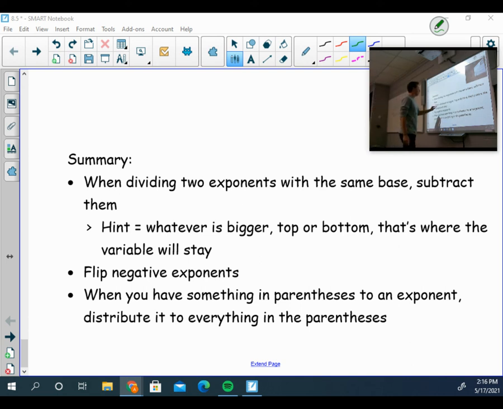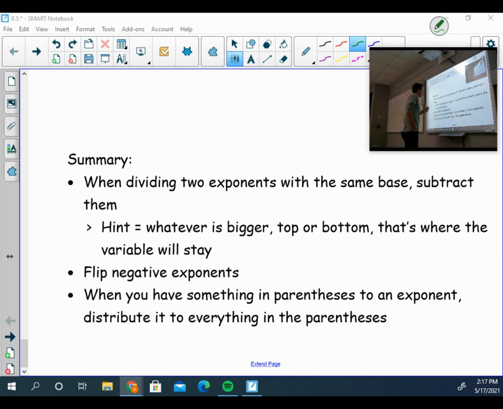Your hint when you are initially looking at a quotient with like bases in the numerator and denominator is that whichever exponent is bigger, top or bottom, is where the variable will end up. So if I have A to the fourth over A to the sixth, the A variable will end up in the bottom part of the fraction when I simplify that quotient.